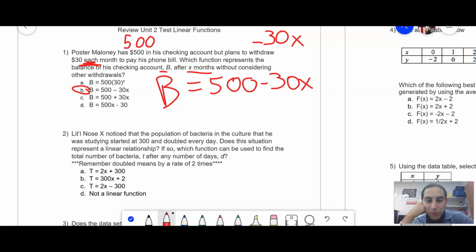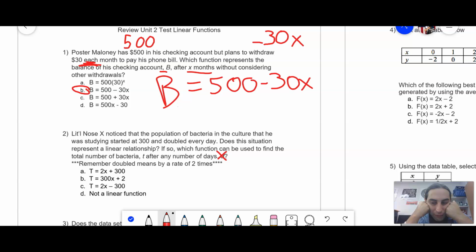If so, which function can be used to find the total number of bacteria T after any number of days? And you know what? Probably should have put an X there because there's no letter D in the equations. But either way, it says remember double means by a rate of 2 times.